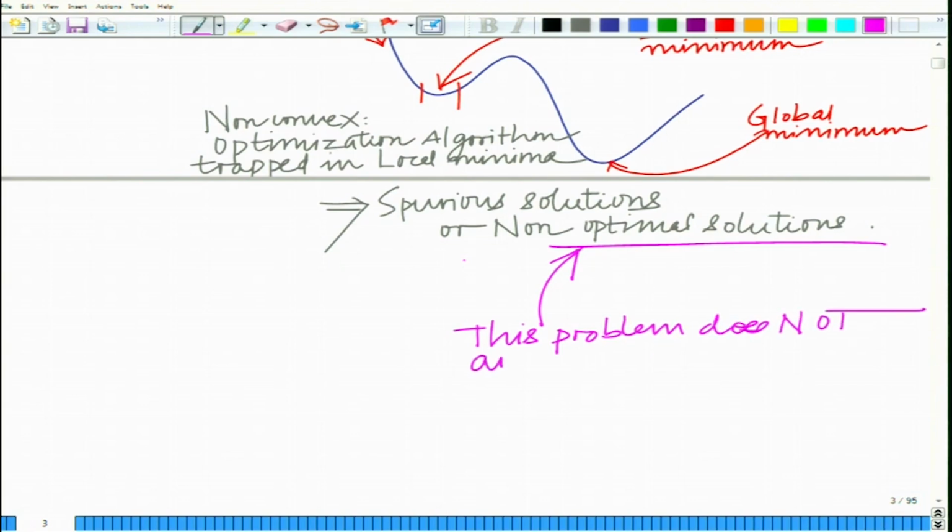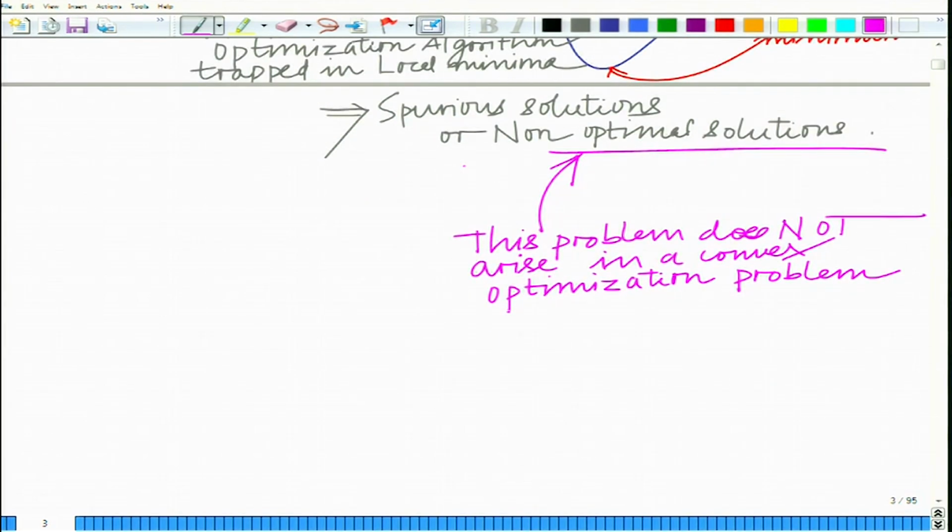This problem does not arise in a convex optimization problem, and that is the advantage of the convex optimization framework.